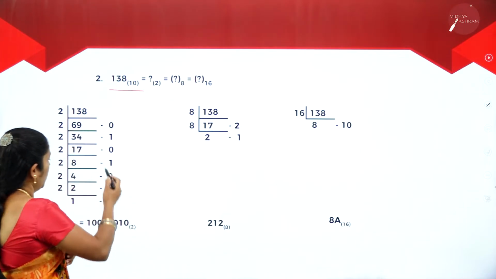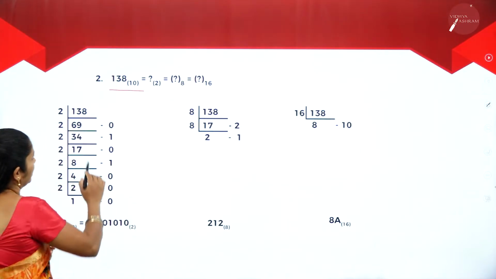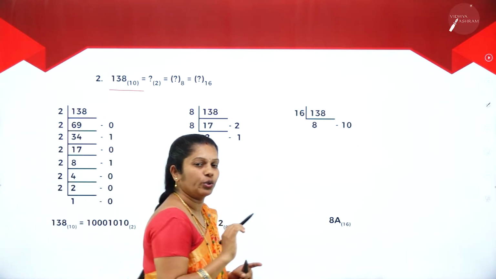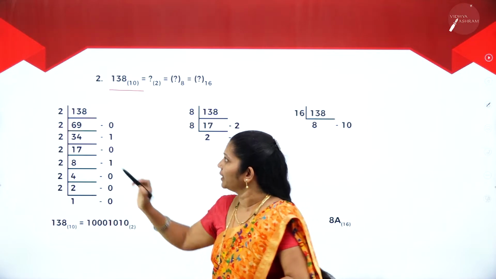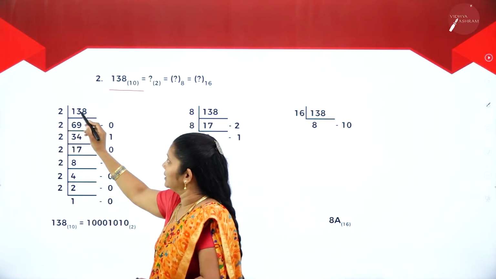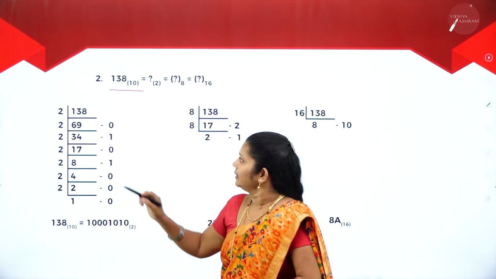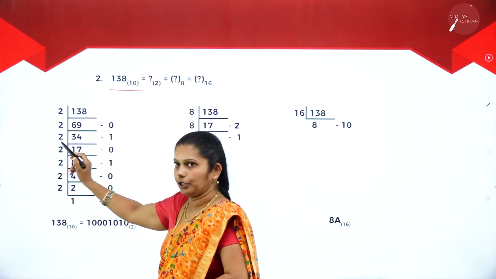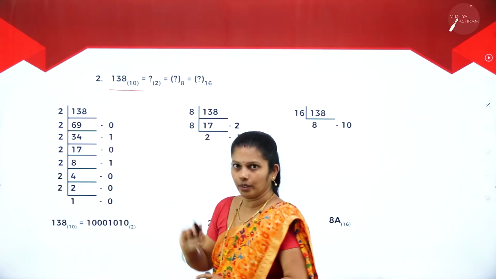Then how to convert? Once again the division process will take place. 138 we have to divide by 2 because we want to convert that into binary format. Then 2 69s are 138, then the remainder is 0. Then once again divide this 69 by 2, then 34, the remainder is 1.